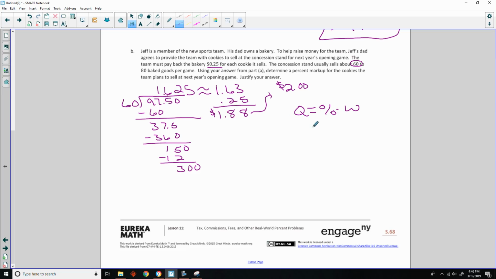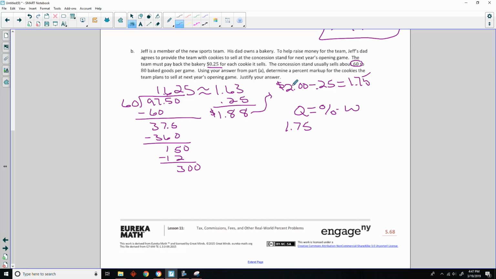So if we're selling the cookie for $2 and we subtract that 25 cents that we have to give the bakery, we're back down to $1.75 as our quantity.